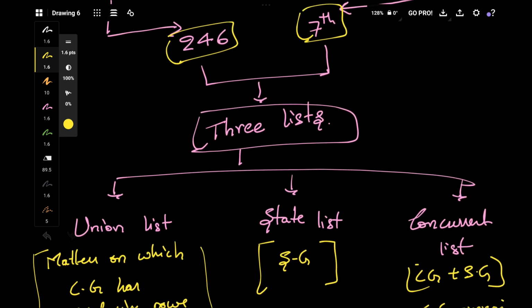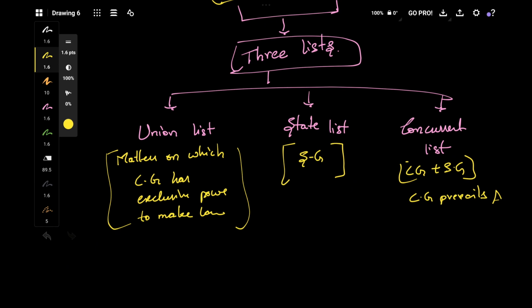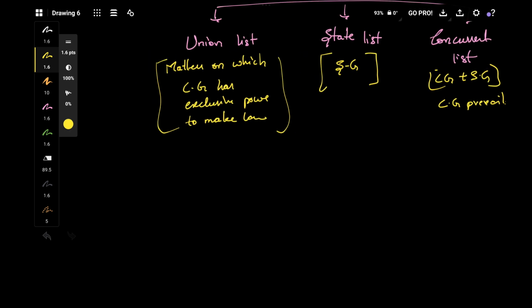They both together give us 3 lists, and in these 3 lists come our union list, state list and concurrent list. Union list is the list of matters on which the central government has exclusive power, and an example of this is income tax. Entry number, like serial number, is 82.